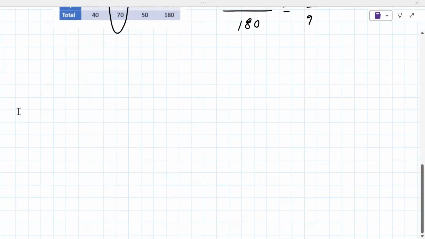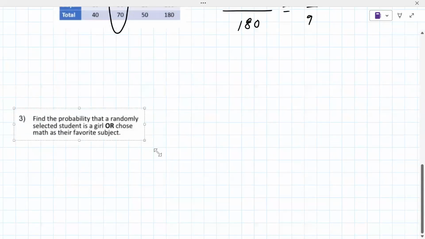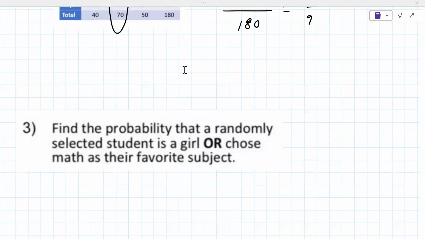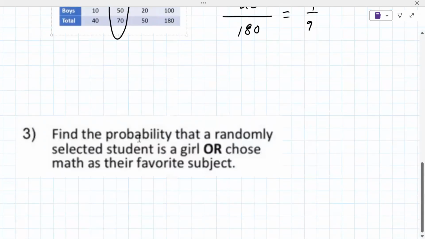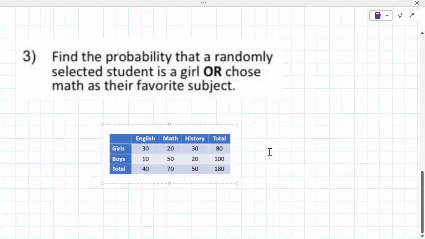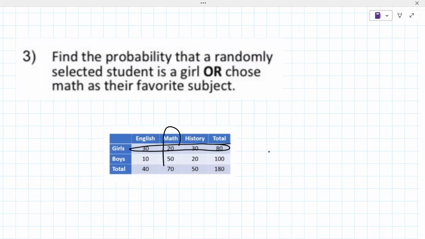Number three is something different. It's an or. So when you have an or statement, let me grab the table again. Find the probability that a randomly selected student is a girl or chose math as their favorite subject. There are 80 girls and there are 70 people that like math. Let's take a look at how this is calculated. 30 plus 20 plus 30 gets you to 80, right? 20 plus 50 gets you to 70.